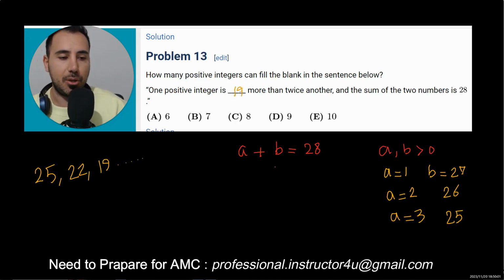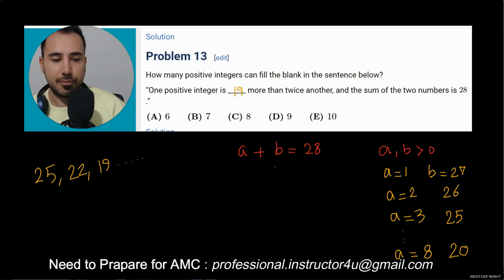So we could try a different number here. If A is, for example, 8, then B will be 20. So what is the difference? How many more is this one than twice of this one? It will be 4.